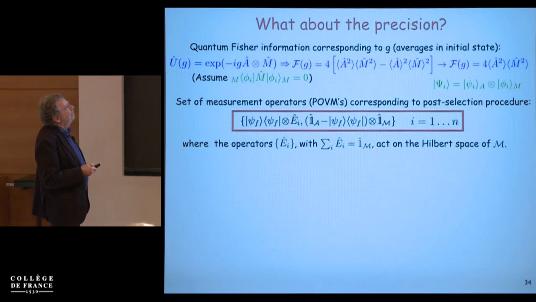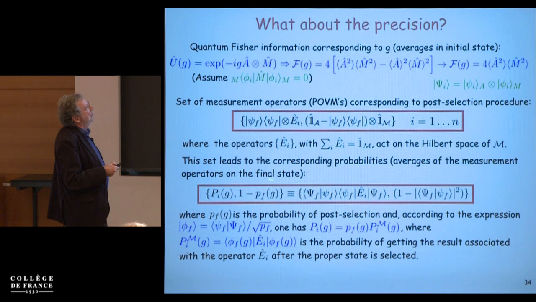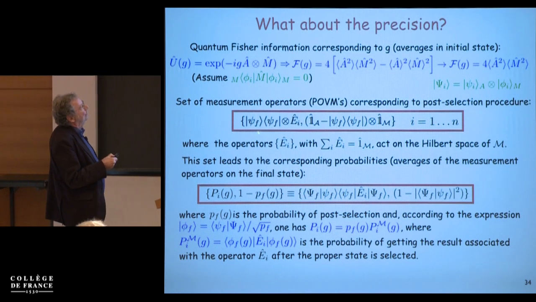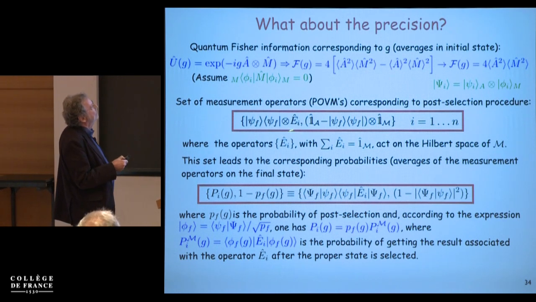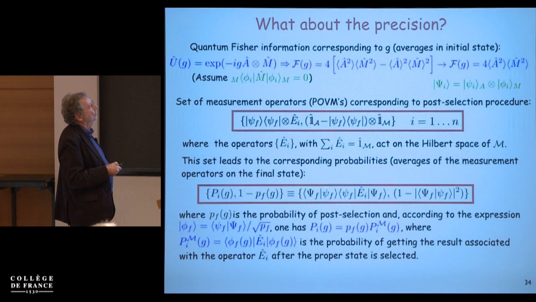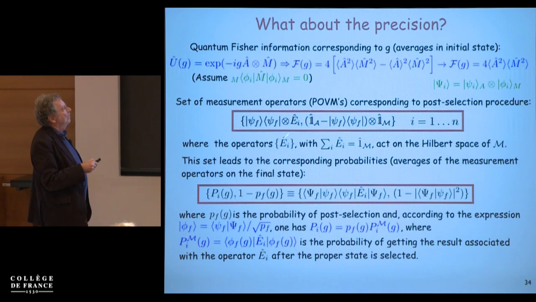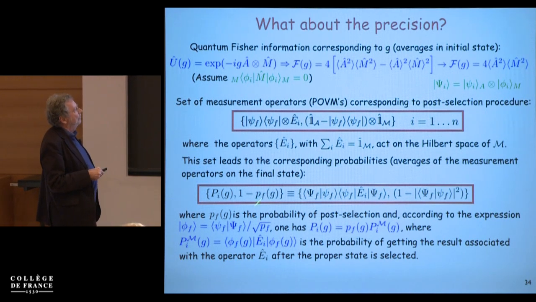Now, if I have the POVM, I can calculate immediately the probabilities. The probabilities correspond to averages of the measurement operators on the final state of the system that is obtained by applying this evolution on the initial state. So I just have to take the averages on the final state of the full system and operator with these operators here, and we find then a set of probabilities which is given by that.